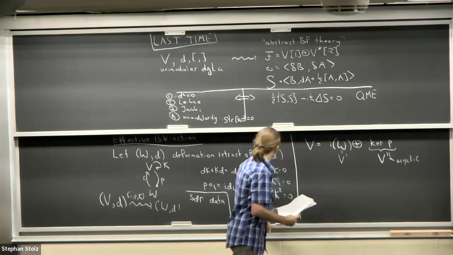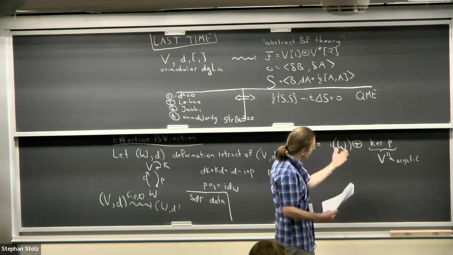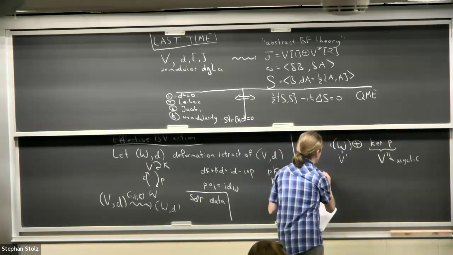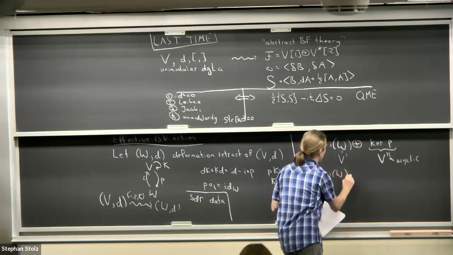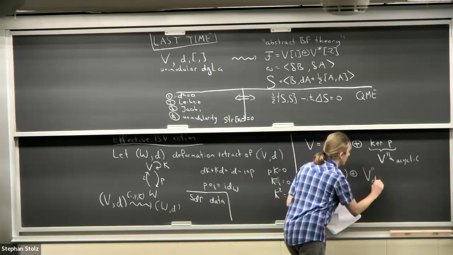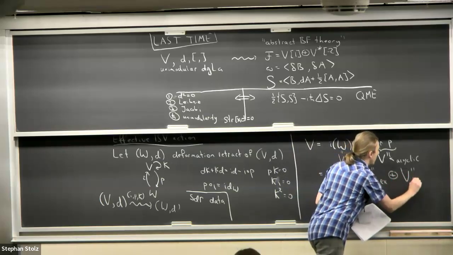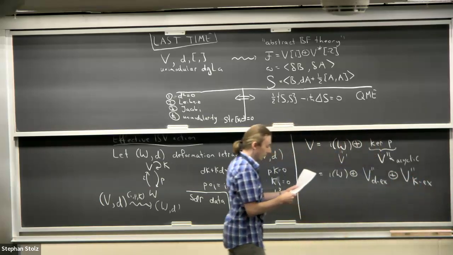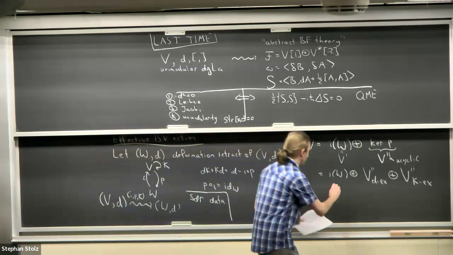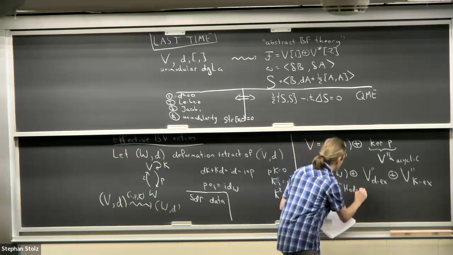Now, using the data of K, I can further split this acyclic part into the image of D and the image of K. Refining this decomposition, I have V double prime D, the exact part, and V double prime K. And this is some sort of abstract Hodge decomposition. In some special cases, it becomes the usual Hodge decomposition.